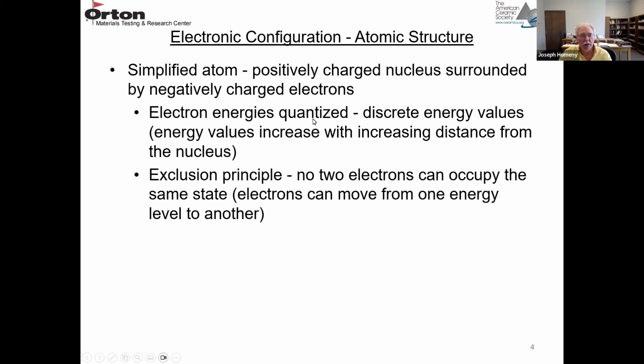There are discrete energy levels, and these energy values increase with increasing distance from the nucleus. And there's an exclusion principle: no 2 electrons can occupy the same state, but electrons can move from one energy level to another.